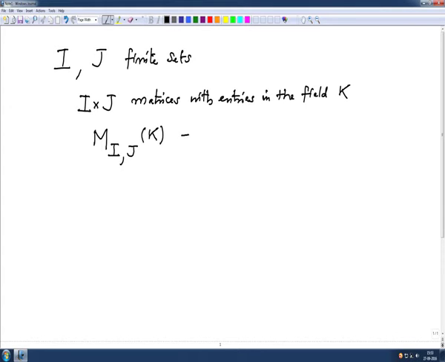We have noted this is actually, by definition, K to the power I cross J. This is a K vector space.